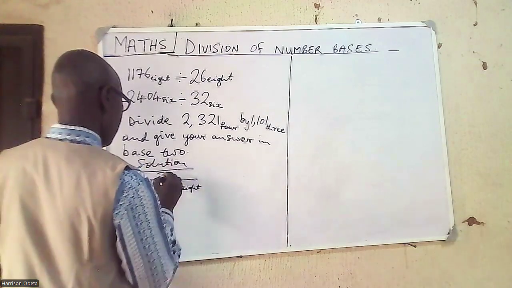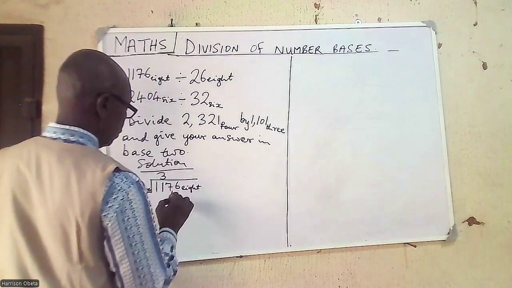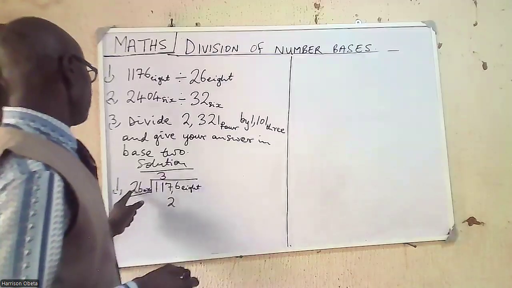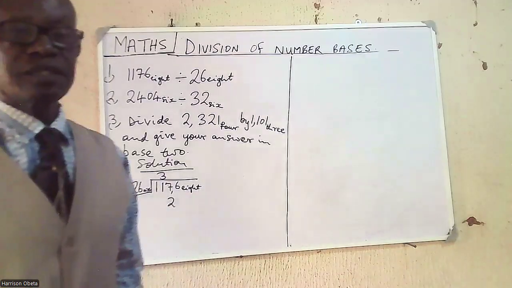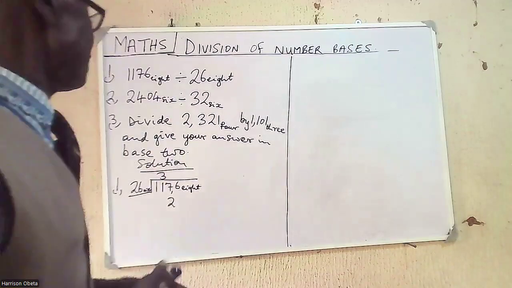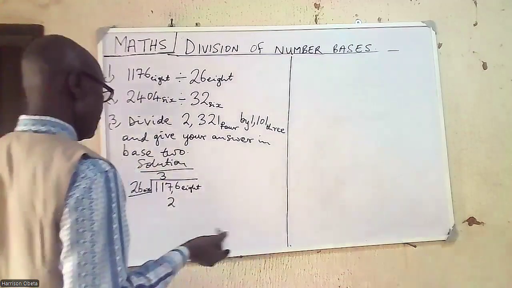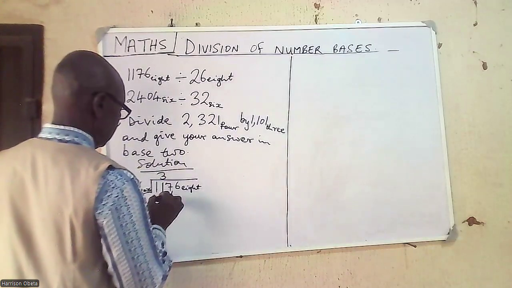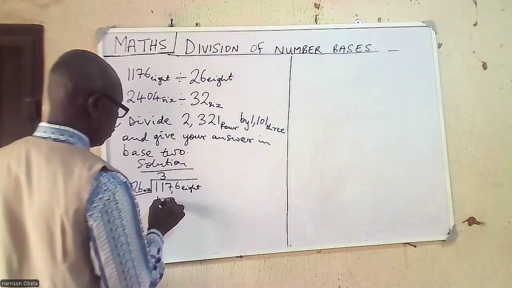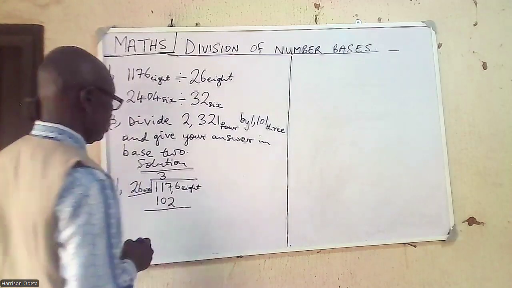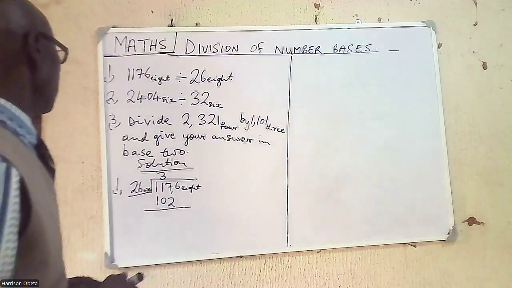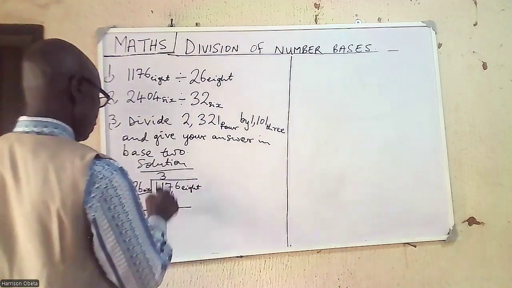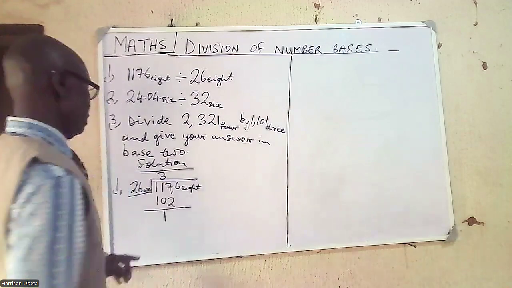So we are picking 3 now. Remainder 2, we put down our 2, carry 2. 3 times 2 is 6 plus 2, that's 8. And we cannot write 8, so it will now take it to the 10, that's 102.